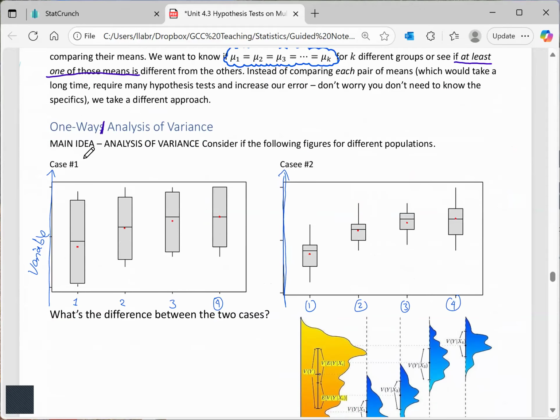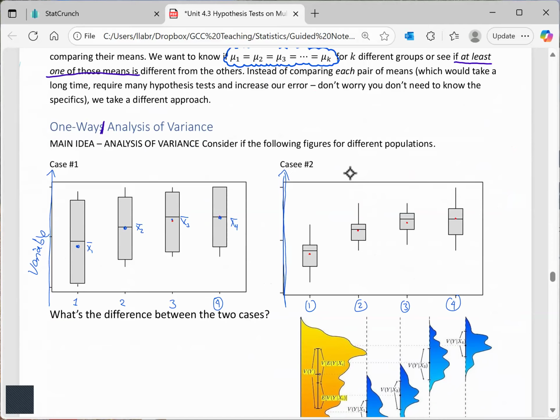So in group 1, I'm asking you, what are the differences between the two cases? Here's case 1, and here's case 2. There are differences between these. And look at what we did here. We have X1 bar, which is the average, X2 bar, X3 bar, that's the sample mean for that group, and X4 bar.